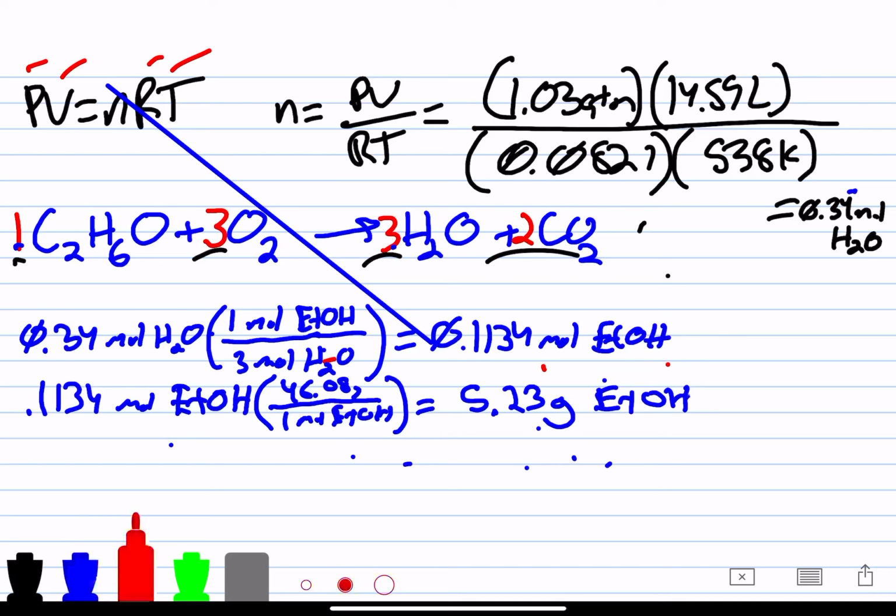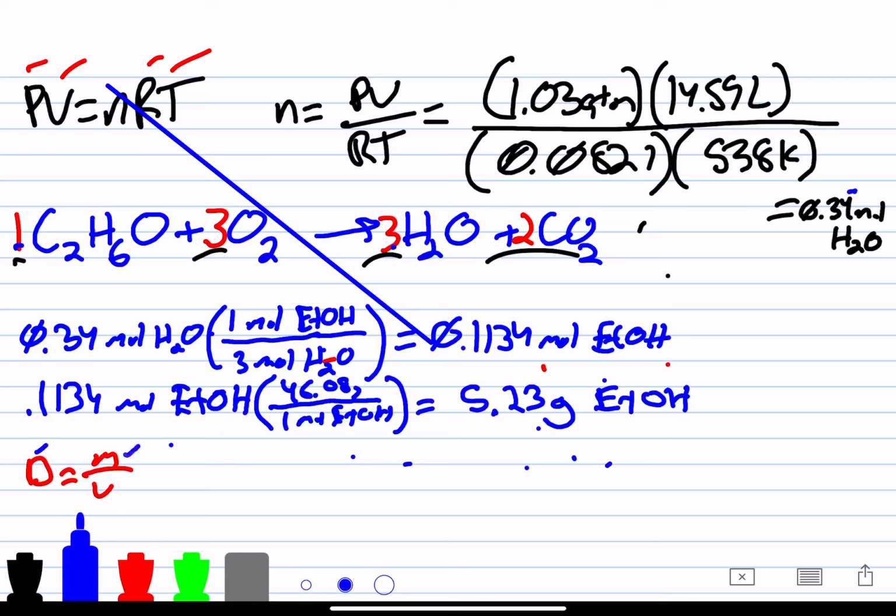Now, remember, the equation for density is equal to mass over volume. So now we know density. Density is given to us. It is 0.789 grams per milliliter. So we have the density, and we also have the mass, but we're looking for the volume.